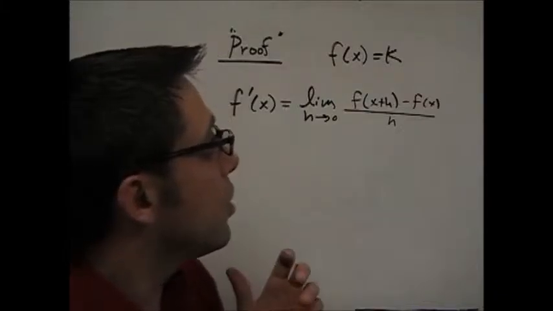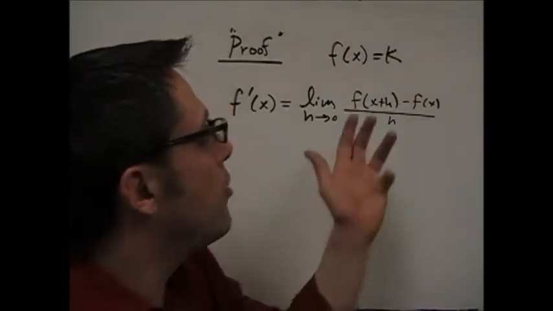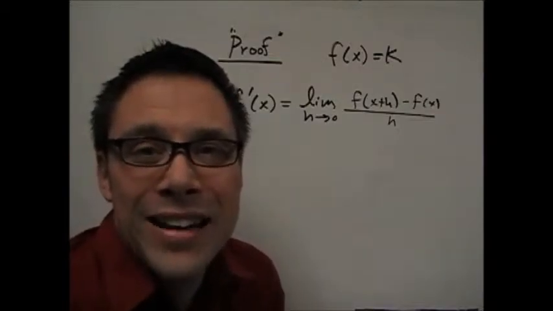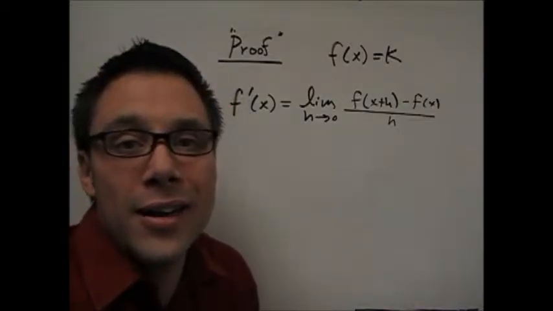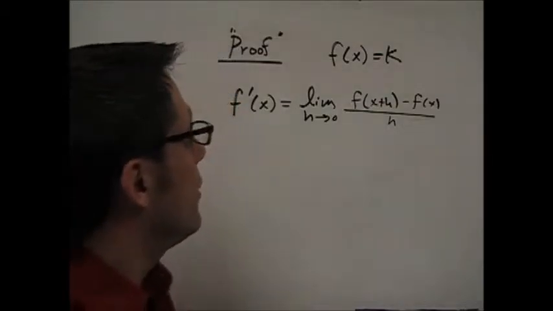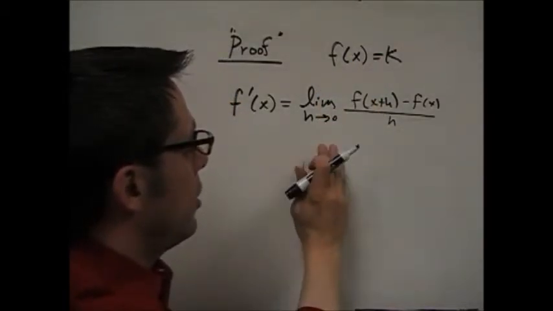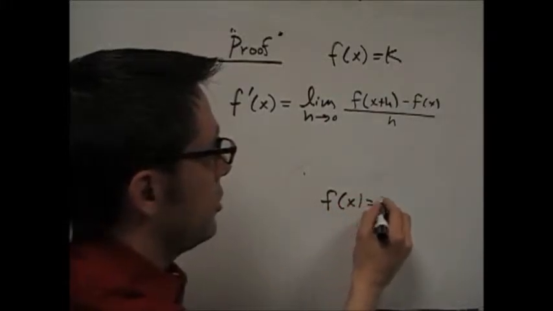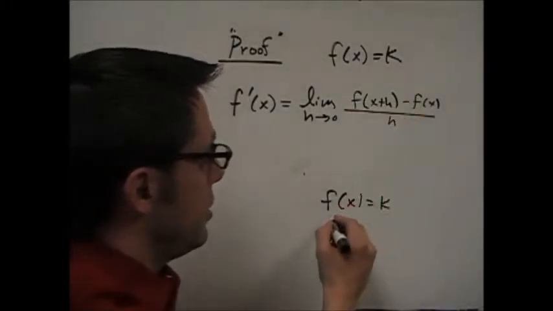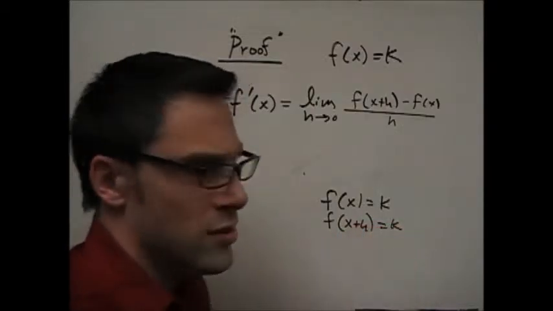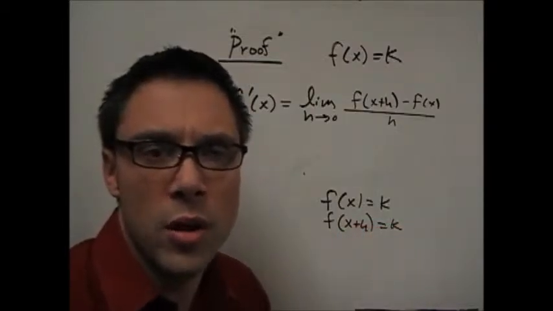Okay? So the thing about it is, remember that f of x is equal to k. Well, no matter what x is, it's always k. So for whatever input I have, it's always k. So that means that for this particular function, f of x is clearly, well, k, that's given to me. But also f of x plus h is still k because it doesn't change at all. It's always the same output.